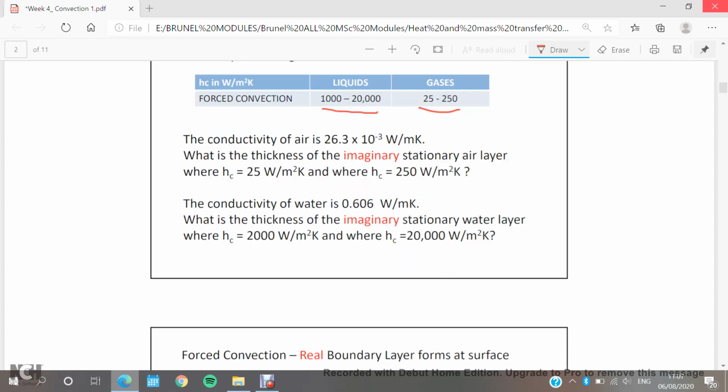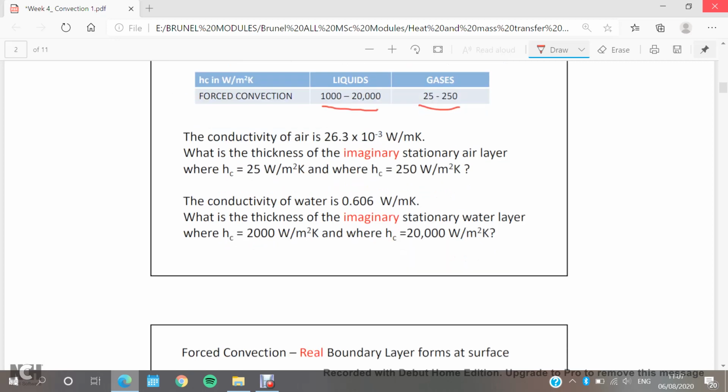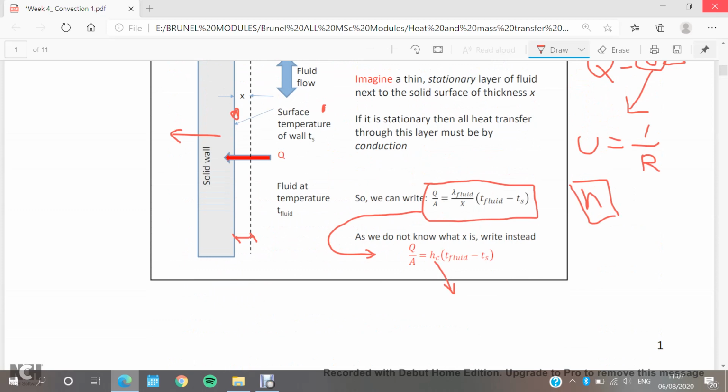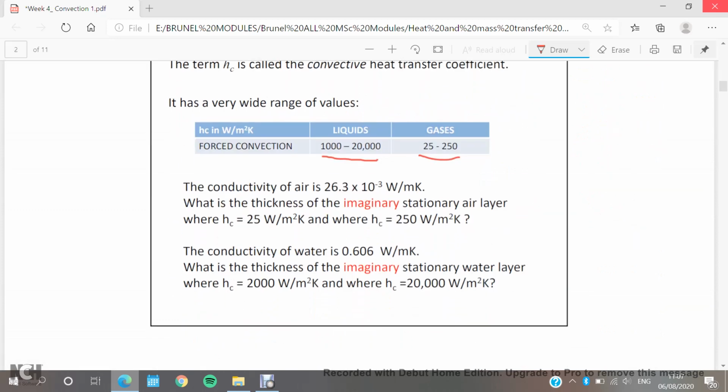Okay, we can calculate the imaginary thickness, which is X in here, by knowing the heat transfer coefficient and the thermal conductivity.